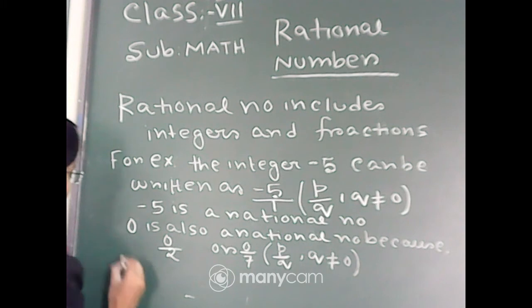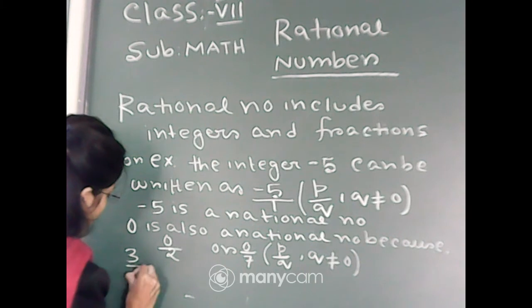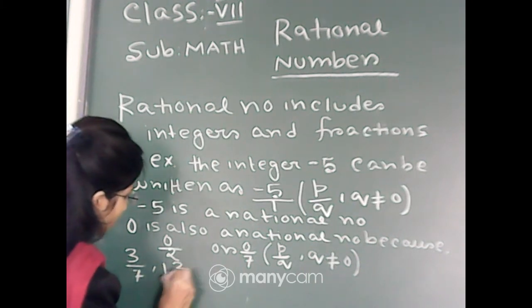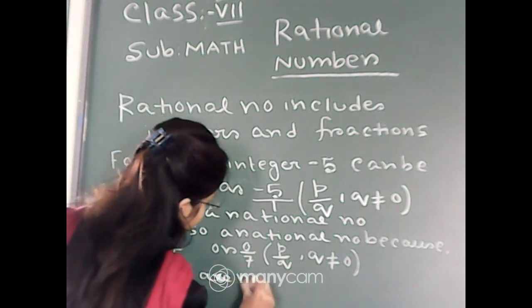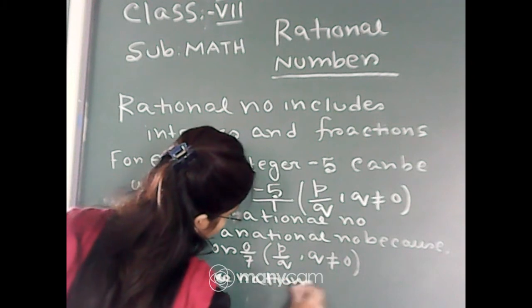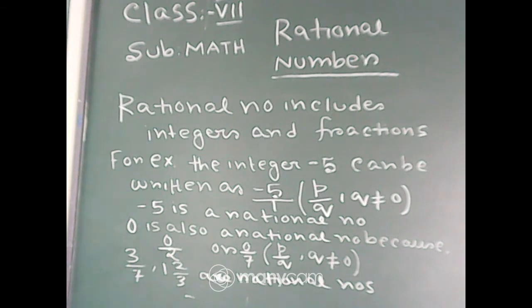Also, the fractions like 3 divided by 7, 1 whole 2 by 3 are rational numbers, because they can be expressed in the form P divided by Q, where Q not equal to 0.